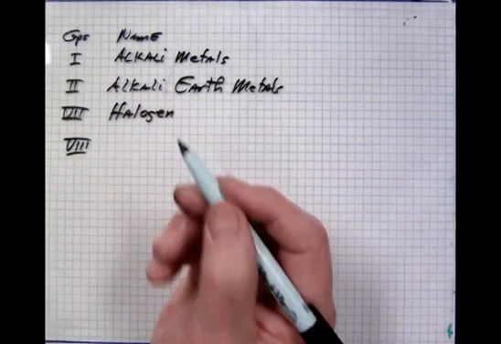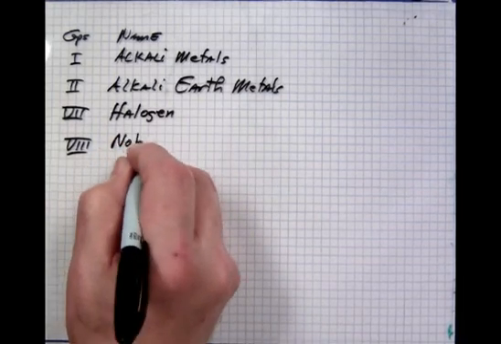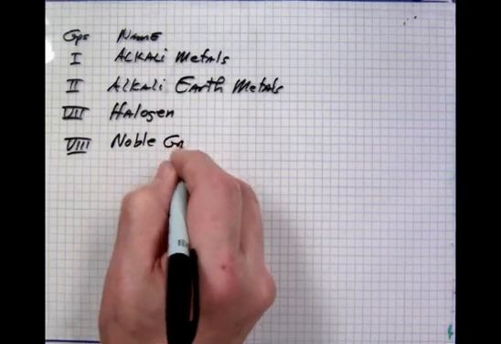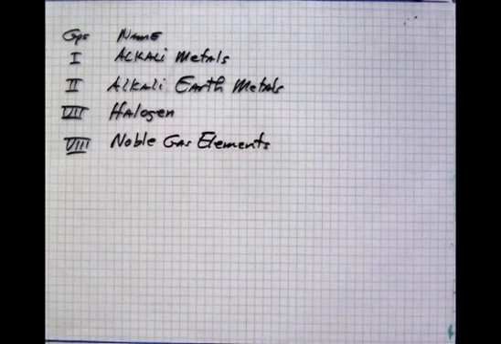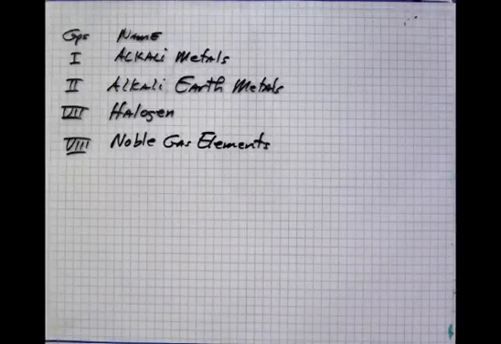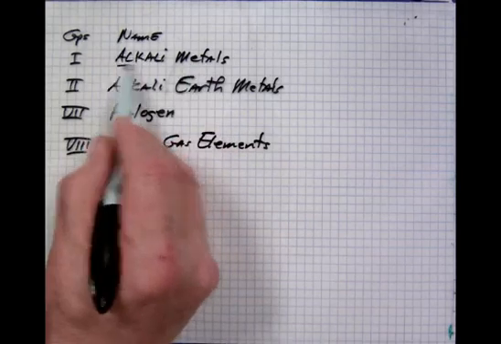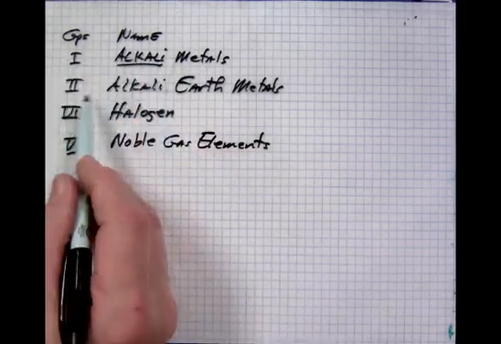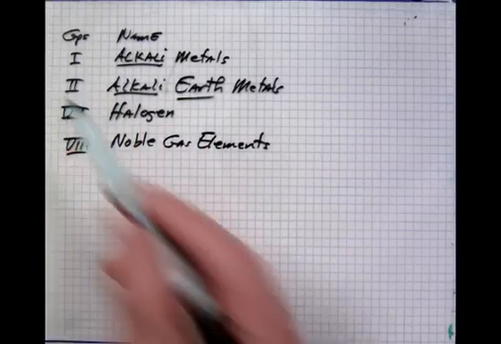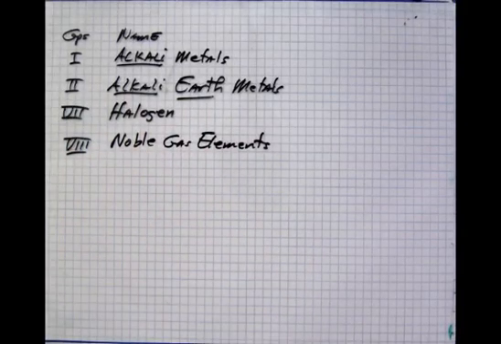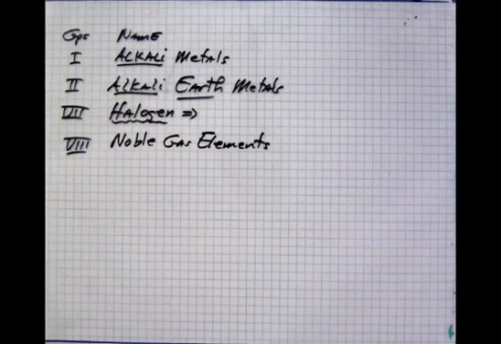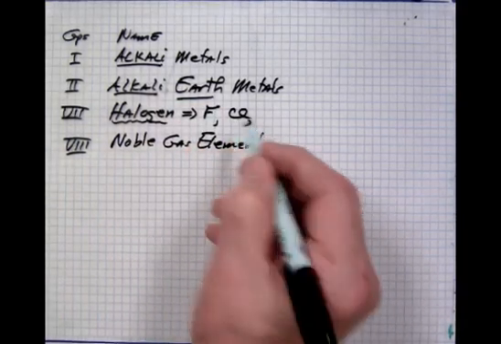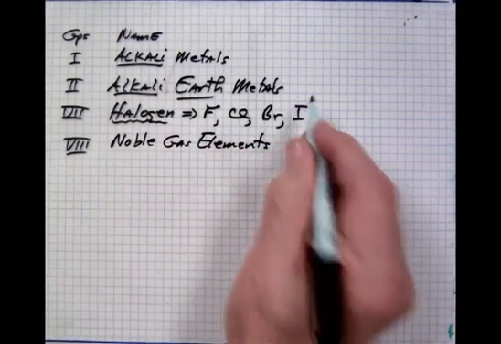We use a lot of halogens in our work, and we have the noble gas elements. You might look at this: alkali metals, alkali, one word, group 1; alkali earth, two words, group 2, just to help you along. Halogens collectively are talking about fluoride, chloride, bromide, and iodide.